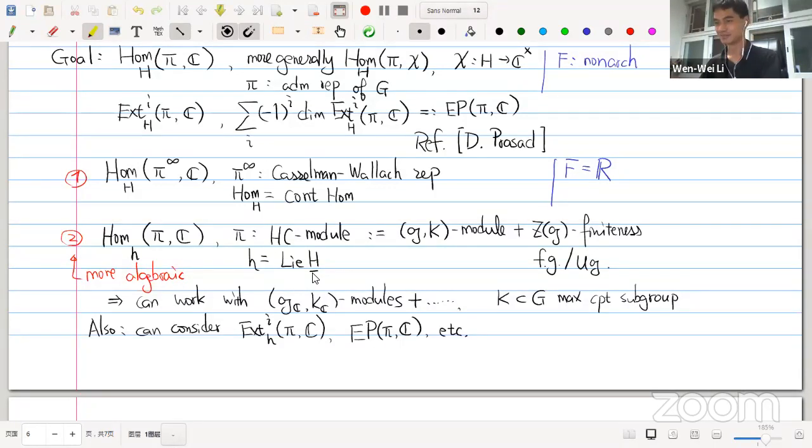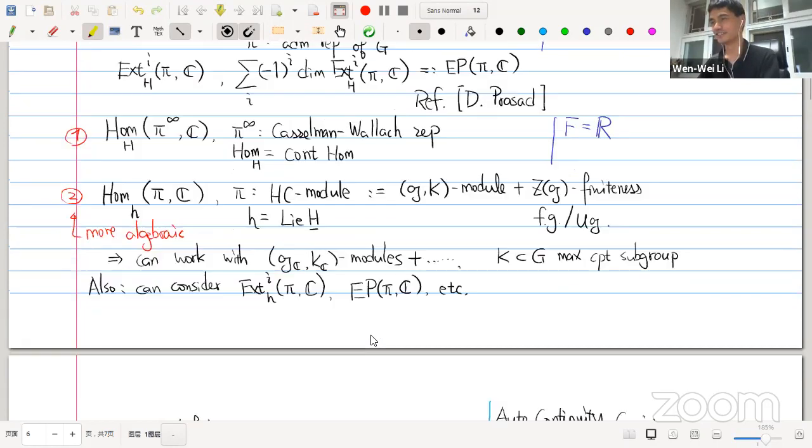There are some issues like this, so I don't know about any reasonable definition of higher Ext groups in this case. It's beyond my knowledge. Maybe if you know an answer, you can tell me now. Do you have any conjecture what assumptions are necessary for automatic continuity as far as H and so on goes? I'm no expert about automatic continuity, so I don't have any further examples.